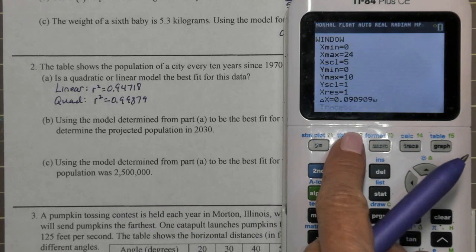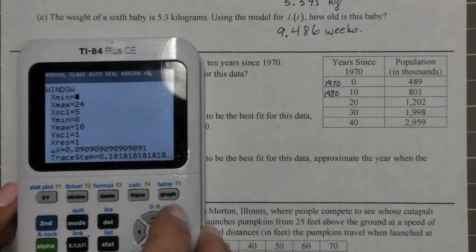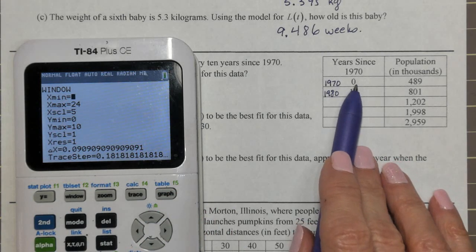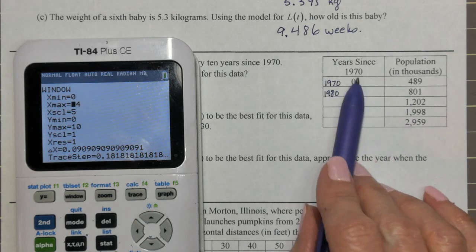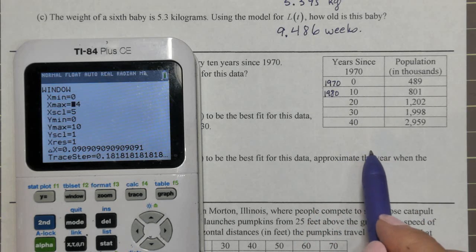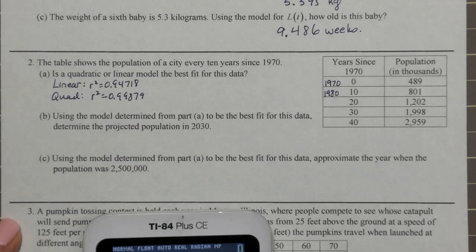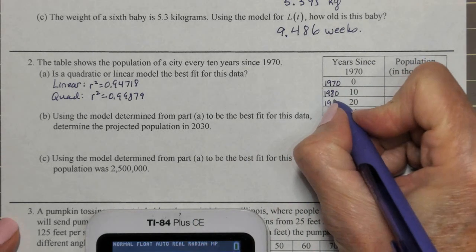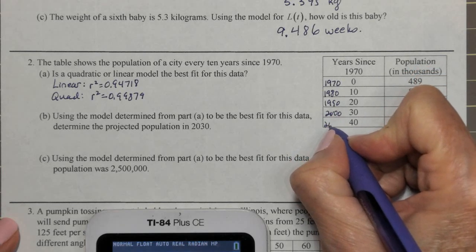Okay, let's go to our window. Let's see what window we could use here. What would be a good window for this one, to where there's no glare. All right, for my x's, I'm going to start at 0. That was 1970. And it goes through 40. I like to go a little bit past it. In the problem situation, they ask me about 2030. This is 1990, this is 2000.